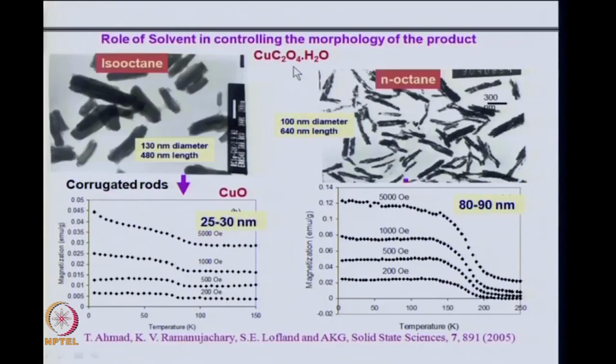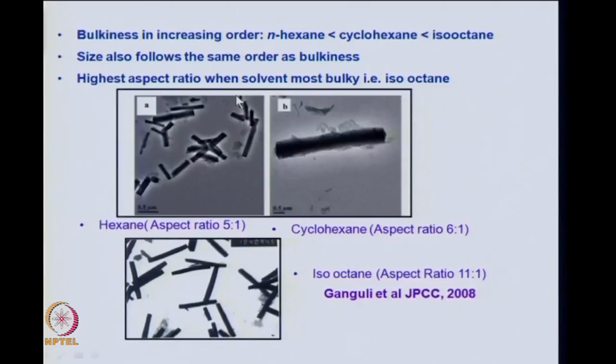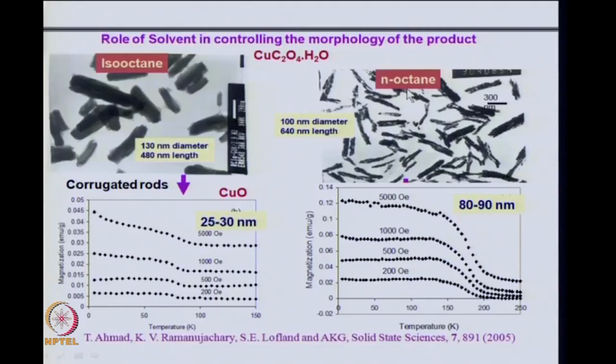Now, you can see the same thing in another example. This was the example of nickel oxalate, where you have one microemulsion having nickel and the other microemulsion having oxalate. Then you can take another example where the solvents are isooctane and n-octane, you are comparing two solvents and keeping the other things constant.